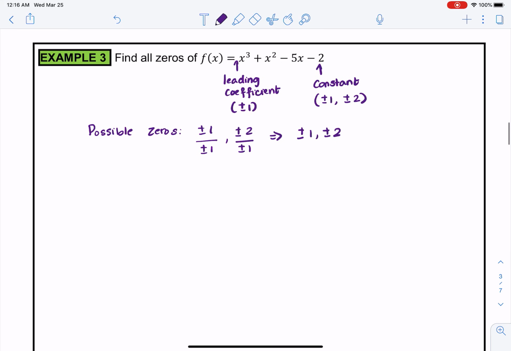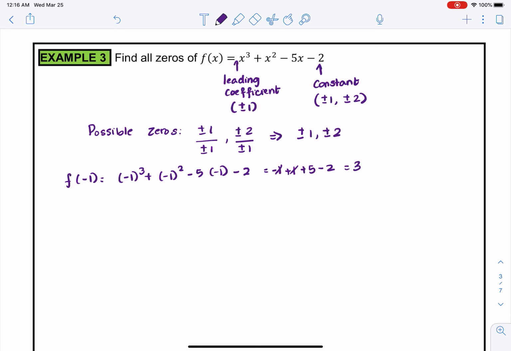So we start simple again. Let's start with negative 1. So negative 1 cubed plus negative 1 squared minus 5 times negative 1 minus 2, which gives us negative 1 plus 1 plus 5 minus 2, which gives us 3.